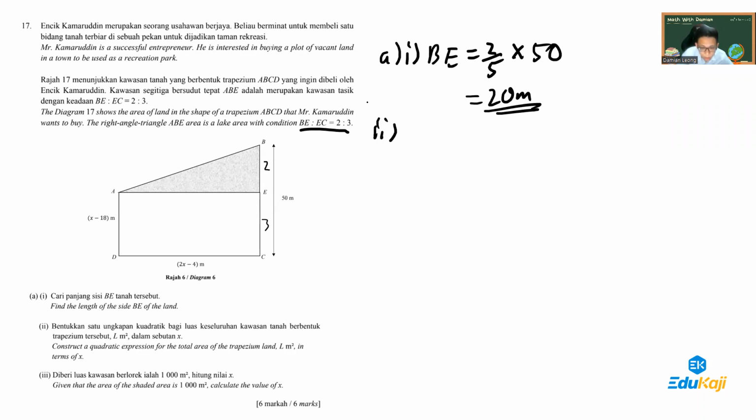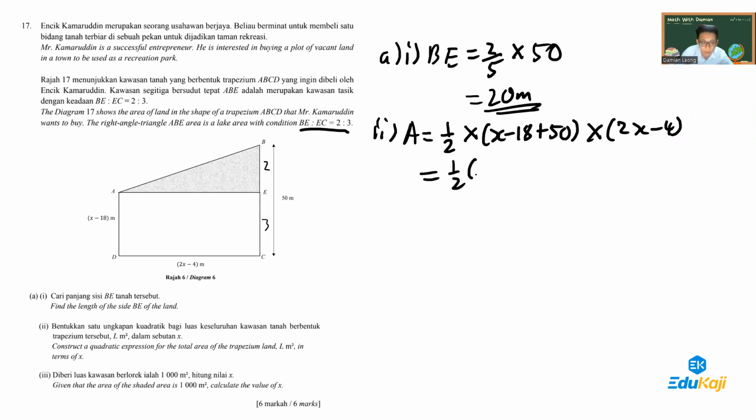A2, construct a quadratic equation for total area of trapezium length. So total area of trapezium length would be half times sum of parallel sides, x minus 18 plus 50, times the height, 90 degrees to your parallel sides, 2x minus 4. So it's half times... actually half I can times to the 2x minus 4.